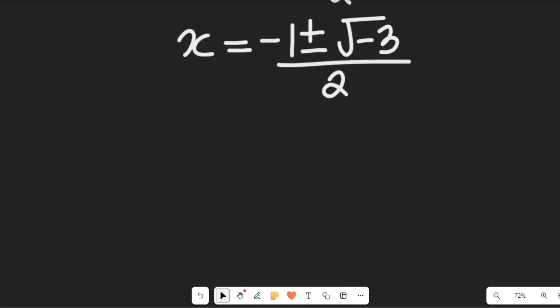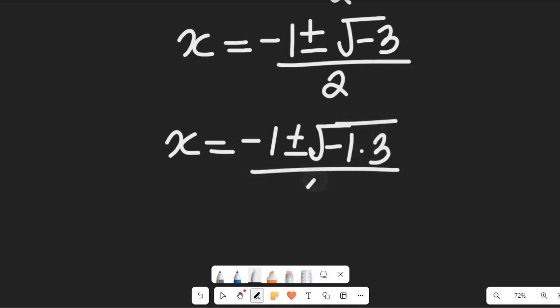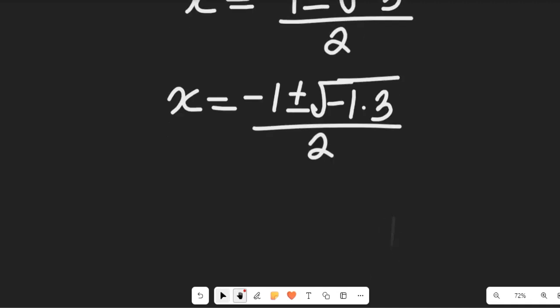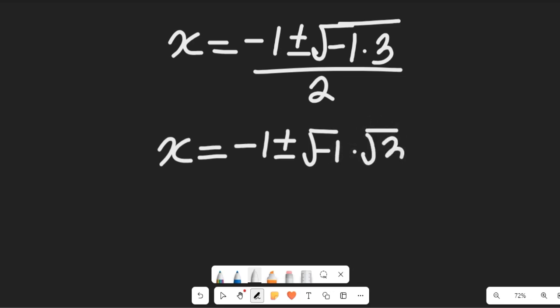Great. If we simplify that further, we'll have the value of x equal to negative 1 plus or minus the square root of negative 1 multiplied by 3, all divided by 2. According to the law of square roots, we are going to expand that square root, and this will give us negative 1 plus or minus the square root of negative 1 multiplying the square root of 3, divided by 2.